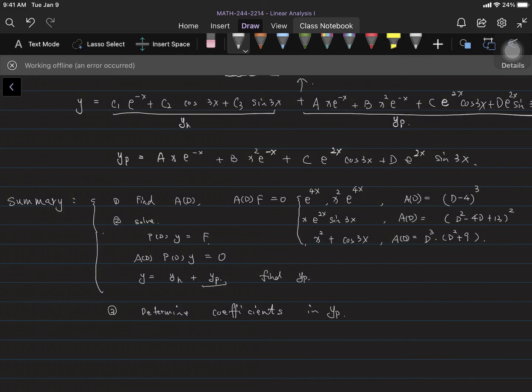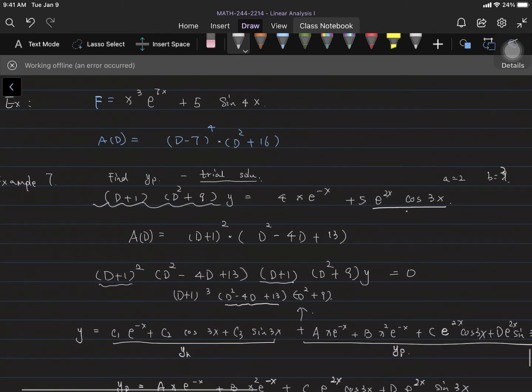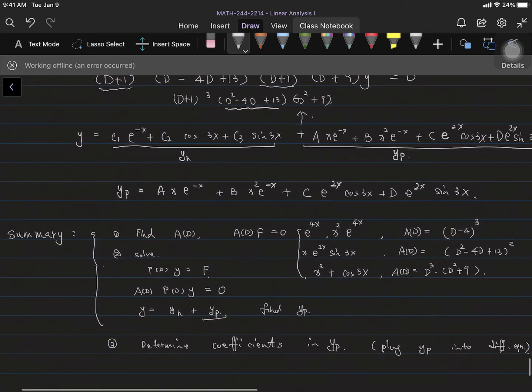Sometimes YP has one coefficient, but sometimes it may have several coefficients. We plug YP into the differential equation and solve for the coefficients. That is called undetermined coefficients. So for this kind of problem, we just need a lot of practice. It's just calculation, nothing difficult, and this definitely is going to be in the final.